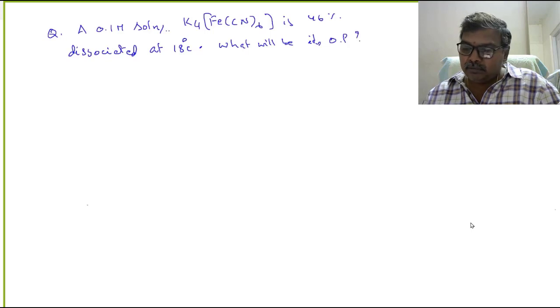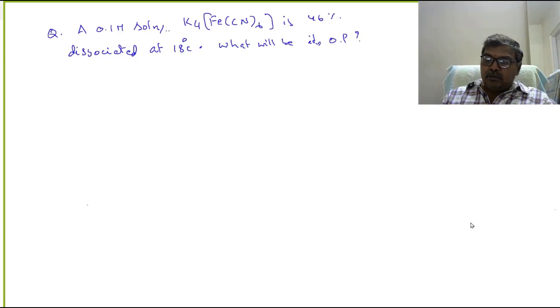Right? Now, pi equal to iCRT. So, we want to find out i value, then only we can calculate osmotic pressure.